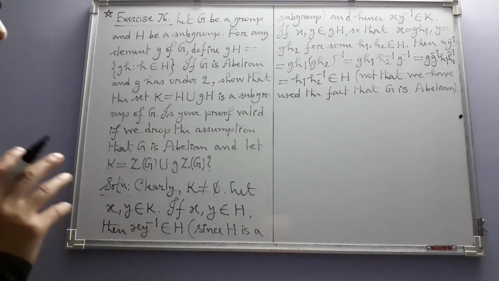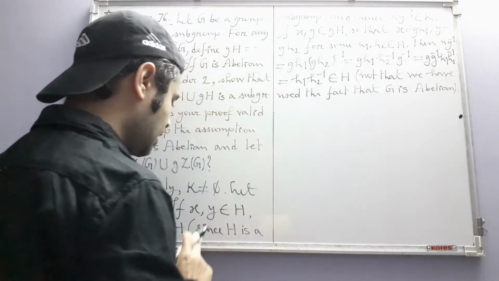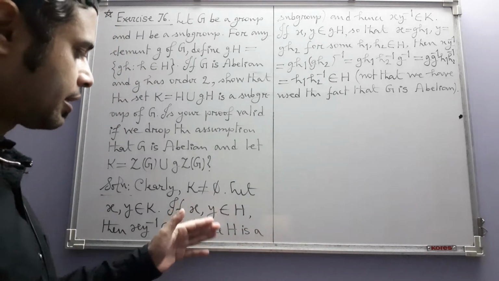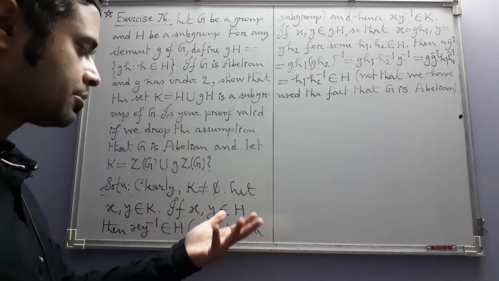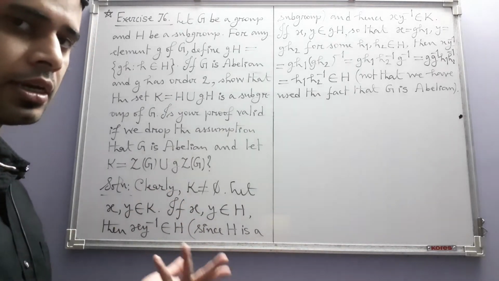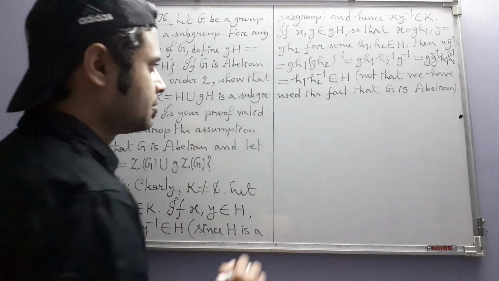Okay. Now two more cases are left. One of them is the one where x belongs to H and y belongs to gH, and the other is where y belongs to H and x belongs to gH, but they are similar, so it's enough if we deal with only one of them.